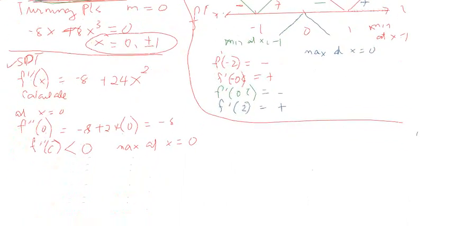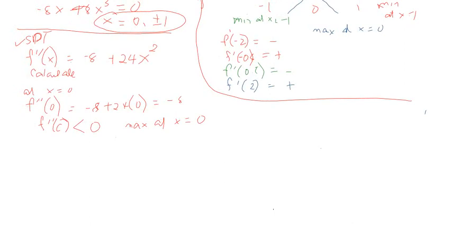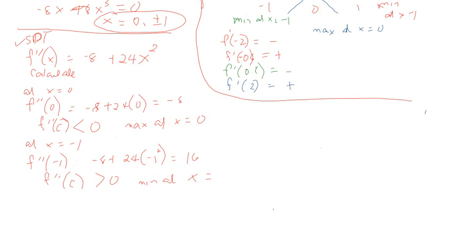Now we continue. What about if our x equals negative 1? So we get the second derivative of that, and then we shall have negative 8 plus 24 times negative 1 squared, and it gives us 16. And our second derivative is greater than 0. And if it's greater than 0, we shall have a minimum at that point where x equals negative 1.